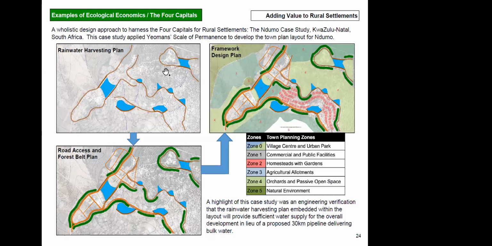This was an area where there was very little rainfall, and this whole town that was being developed here was a ramshackle town, but the government at the time decided to establish a big school, a clinic, and all sorts of other stuff here and create a regional node. But they were stuck. They needed a 30-kilometer water supply pipeline, which still hasn't been built to this day, to make this town viable.